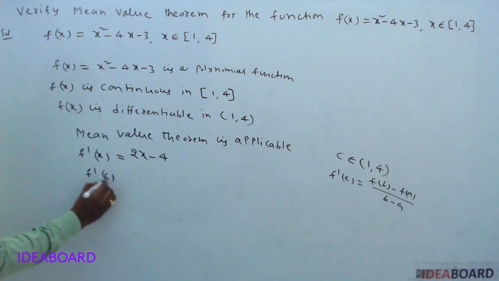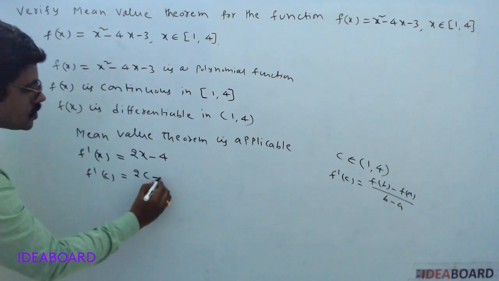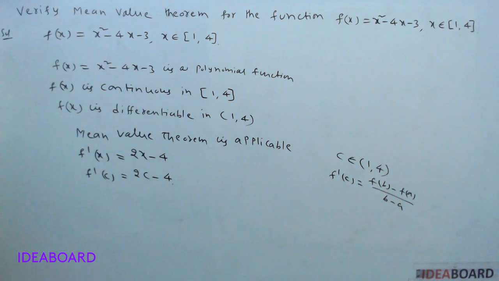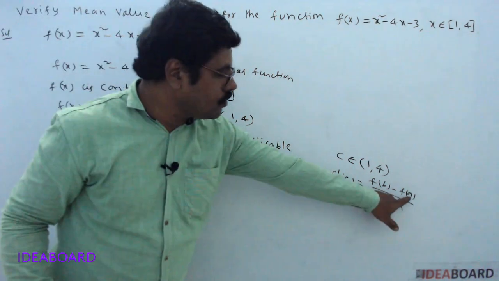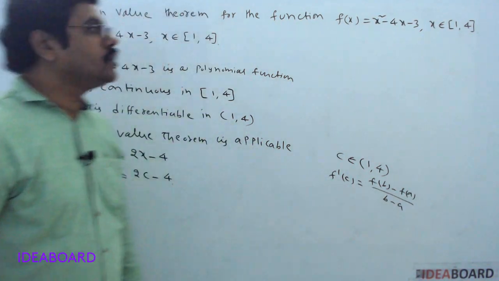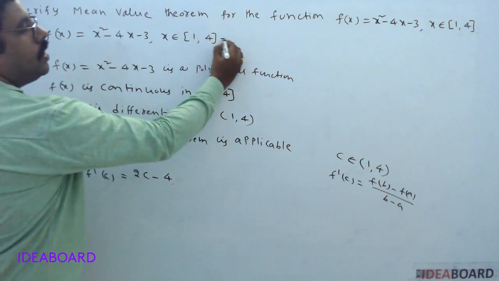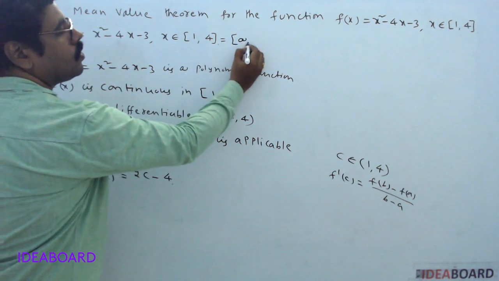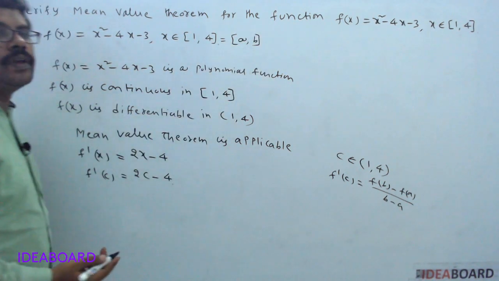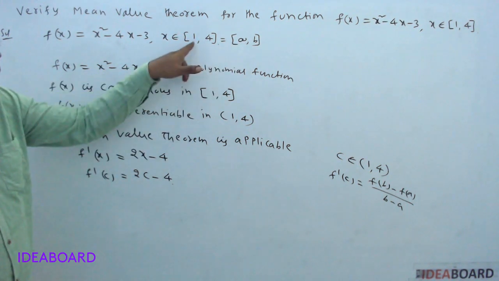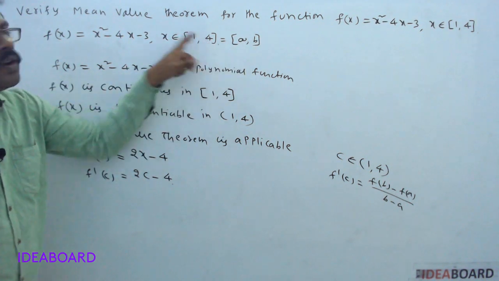Now f dash of c equals 2c minus 4. Then find f of a and f of b values also. Now compare the given interval with closed a comma b. a value 1, b value 4.